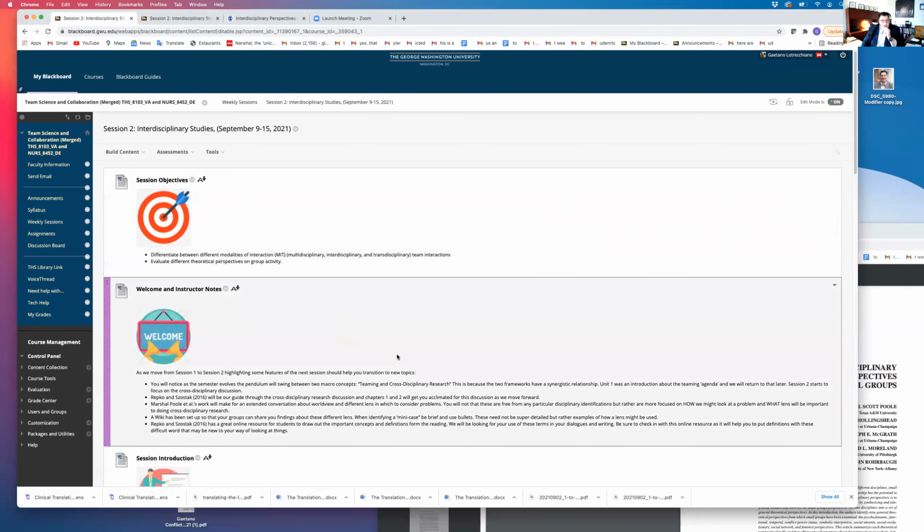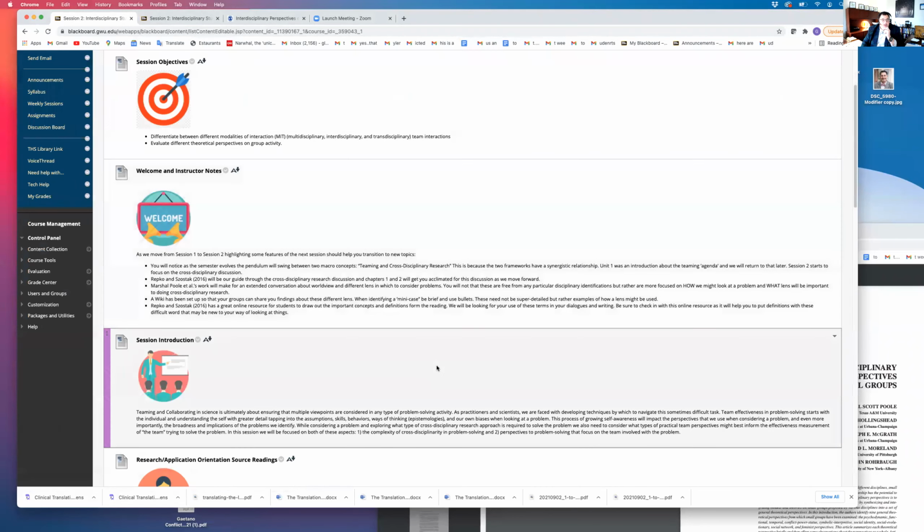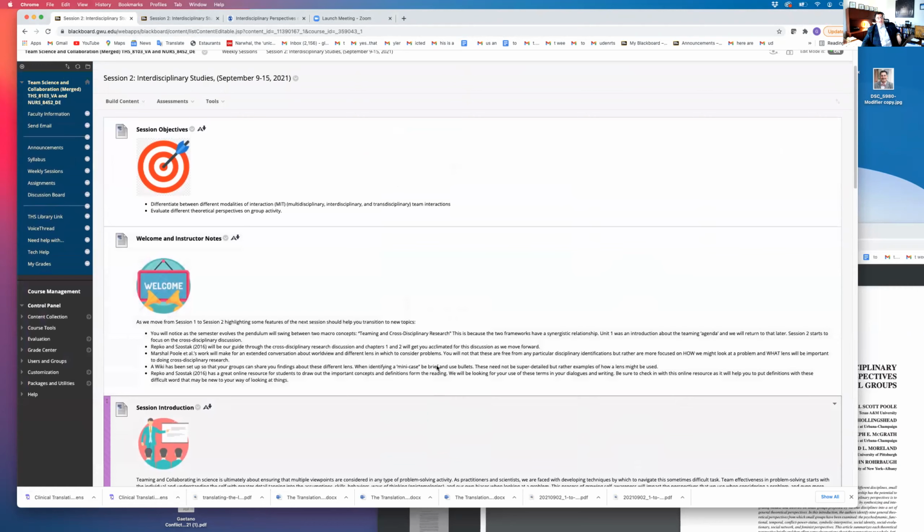So now let's look at session 2 that we're going into. We will oscillate back and forth, somewhat like a pendulum, between the idea of team science and working in teams and the idea of cross-disciplinarity, because as I stated, cross-disciplinarity is the reason why we do team science.